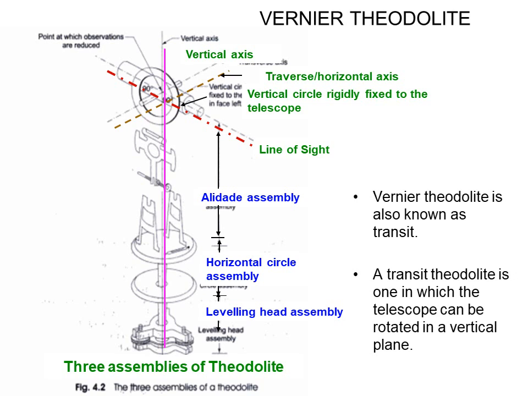Here we observe the fundamental lines such as the vertical axis, line of collimation, horizontal axis, and the various assemblies involved in the theodolite: the allied assembly, horizontal circle assembly, and leveling head assembly. They are shown in this sketch. A transit theodolite is one in which the telescope can be rotated in a vertical plane.